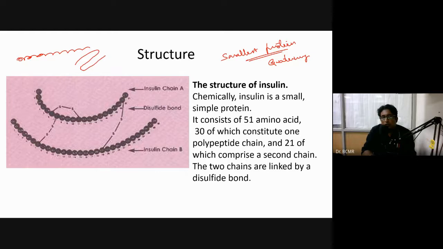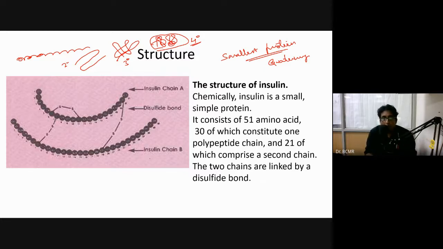Folding into beta sheets or helices is the secondary structure, and how they are organized among themselves is the tertiary structure, and how several subunits come together and function as one enzyme or protein is the quaternary structure. Insulin has a kind of quaternary structure.